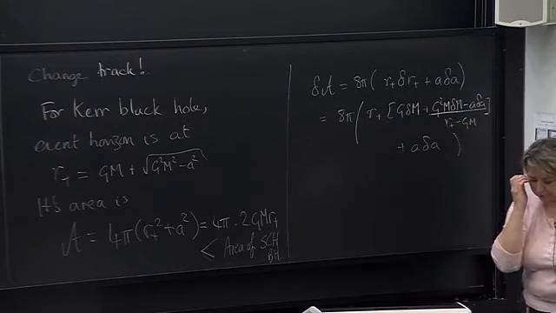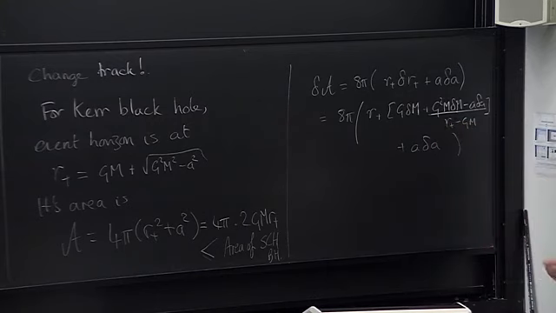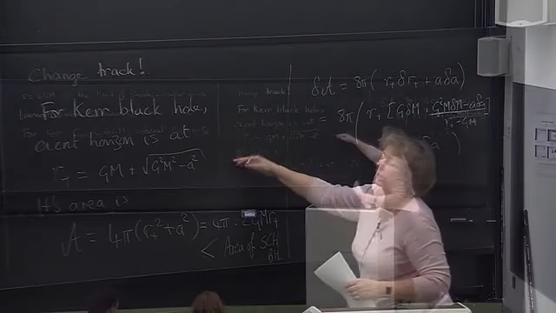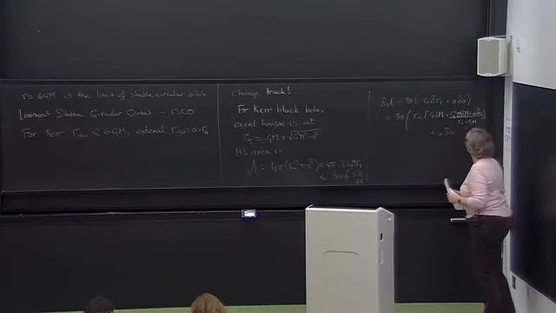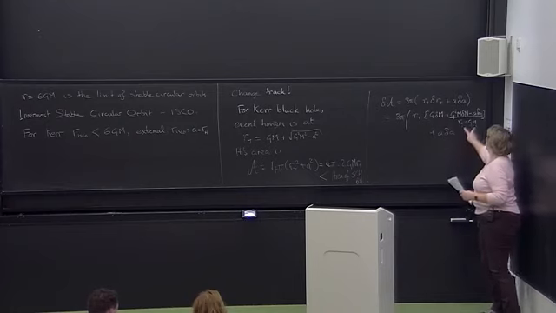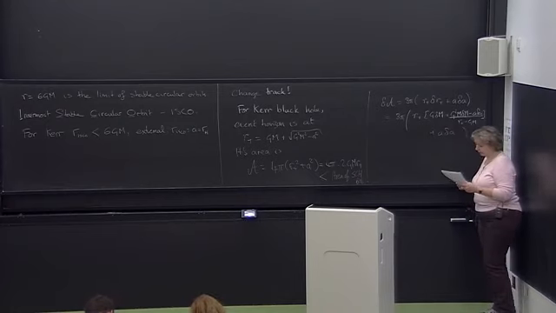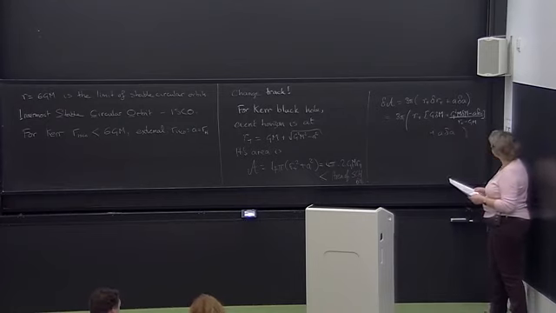Okay, so first I replace delta R plus. And I've simply taken this expression and varied M and A. And this here is just the square root. R plus minus GM is the square root.